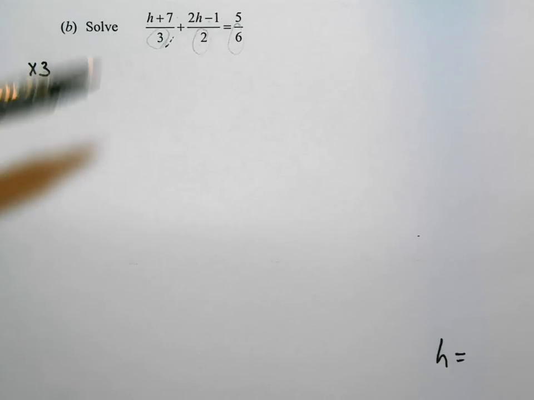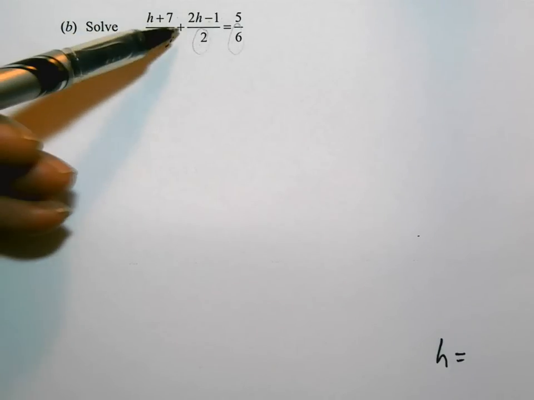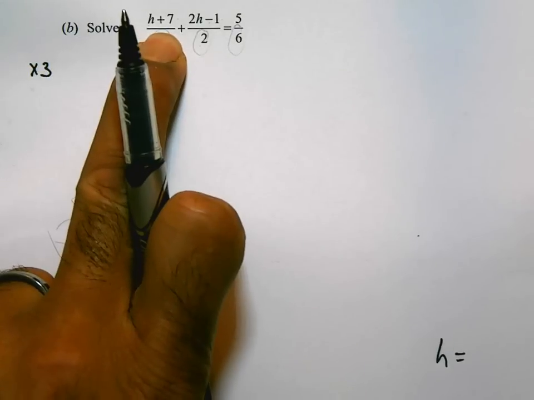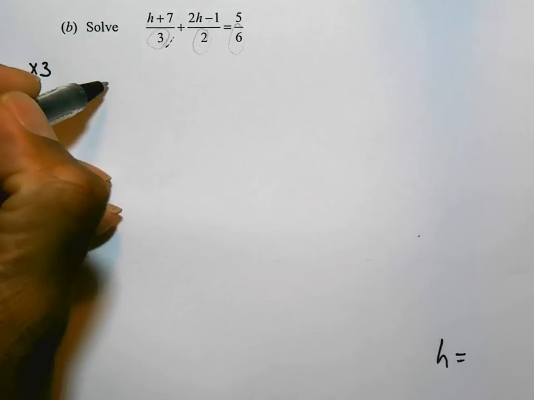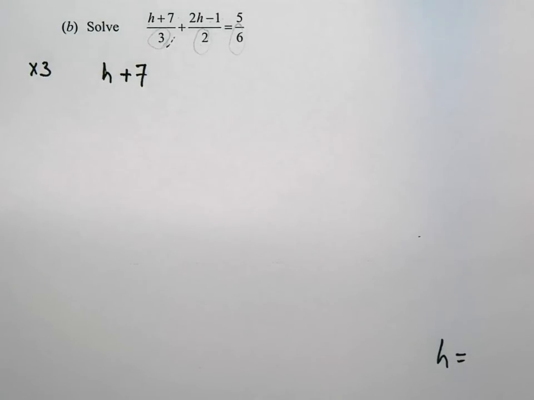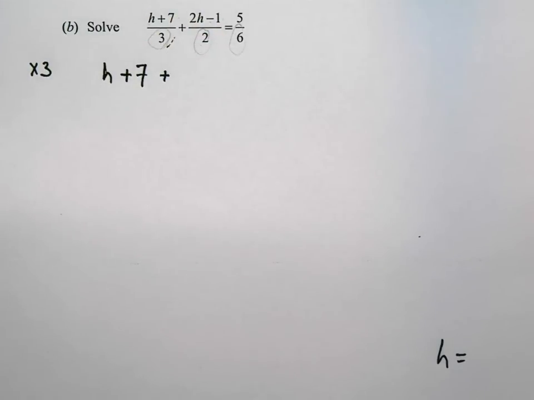When I times h plus 7 over 3 by 3, that 3 at the bottom is going to disappear and leave me h plus 7. When I times this 2h minus 1 over 2 by 3, I'm just going to times the top bit.